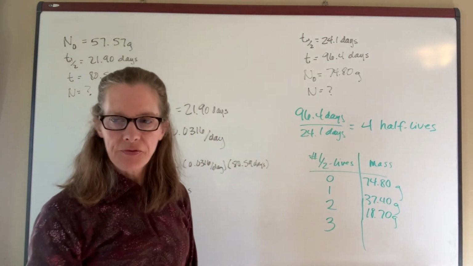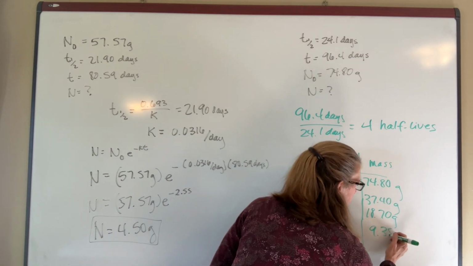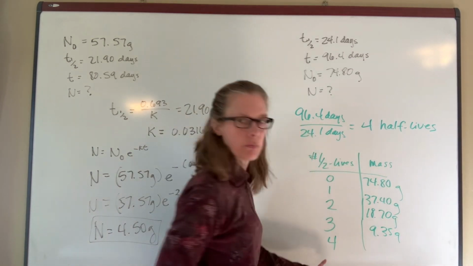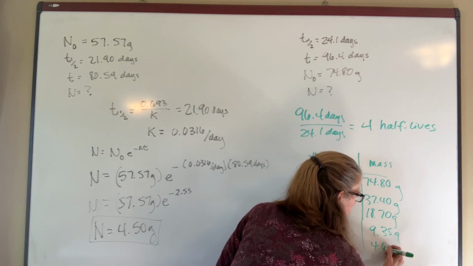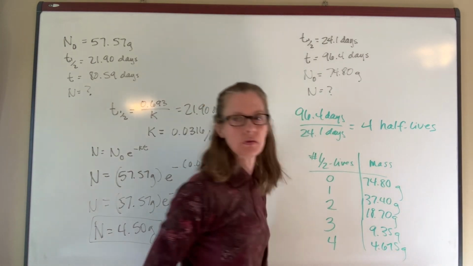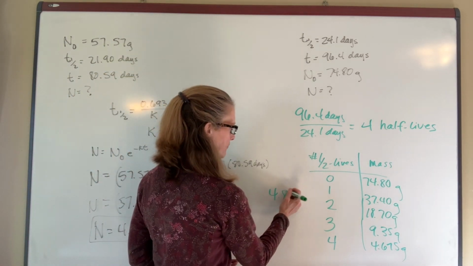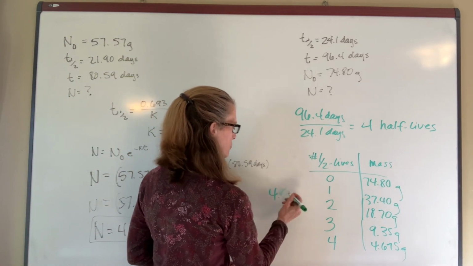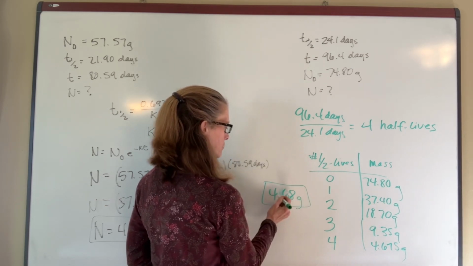After a third half-life, I divide in half again, and I get 9.35 grams. And then my fourth half-life, divide this in half again, I'm going to get 4.675 grams. Okay? So, final answer, if I watch my number of significant figures, is 4.68 grams.